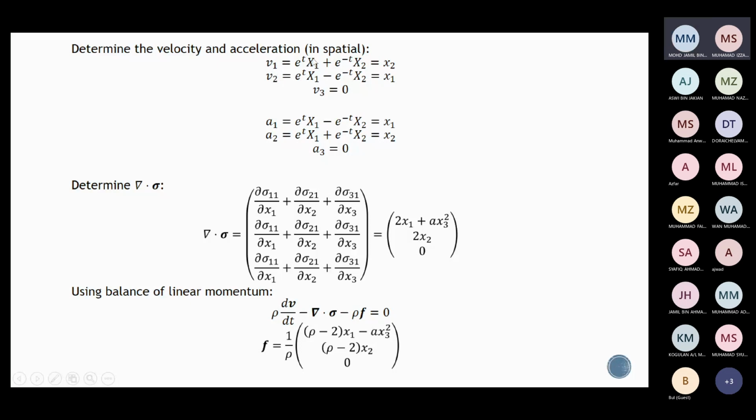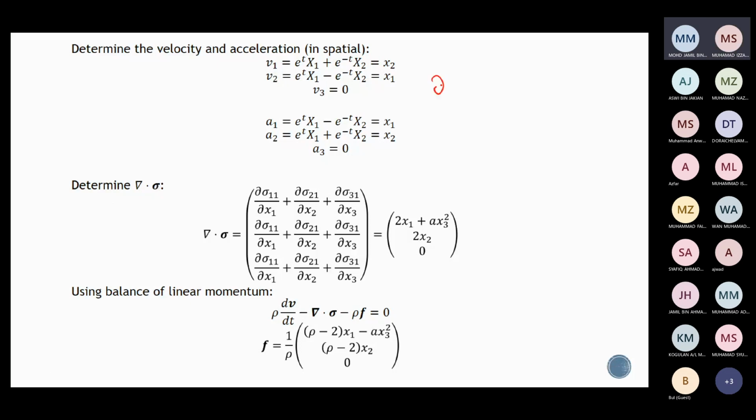But for V1 here, for example, you can convert it into small x. Later when you want to find acceleration, you need to use the relationship with time. Later on you can see how this turns out. And then you determine the del dot stress. So maybe we can rewrite the equation.